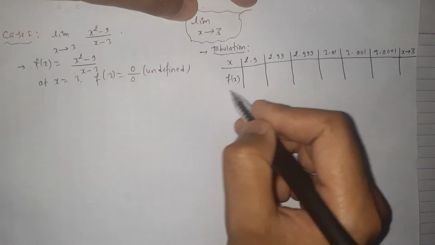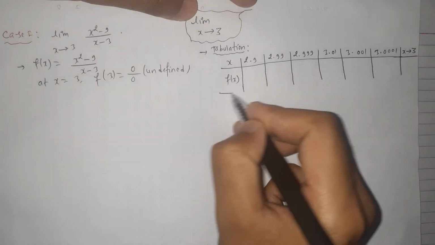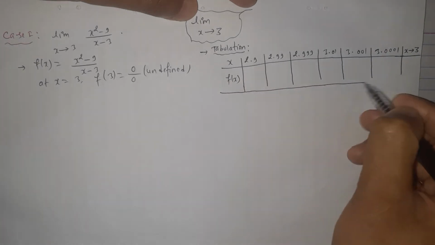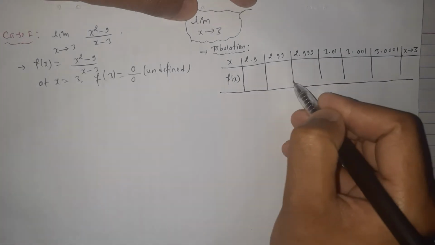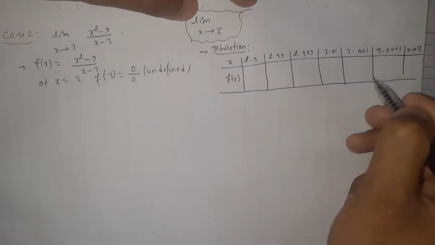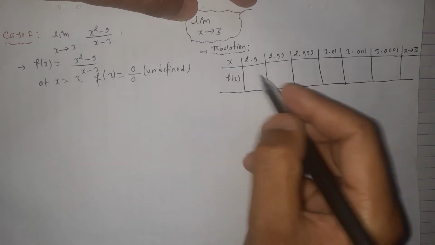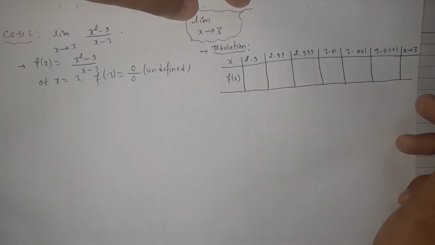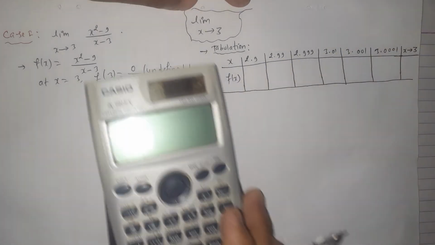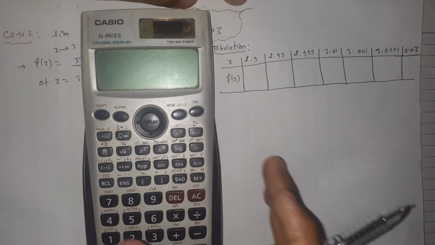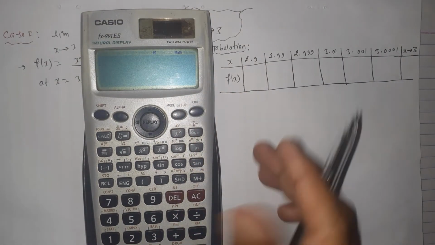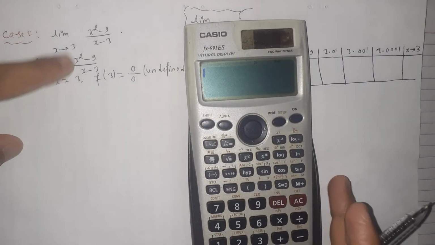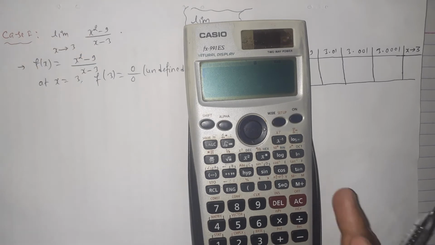Let's calculate the corresponding functional values at each point. Let's calculate f of x at each point. We can use the calculator for calculating the function value. Given function is f of x equals x square minus 9 over x minus 3.